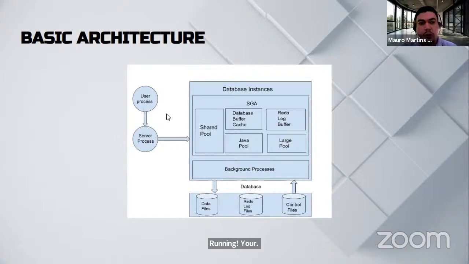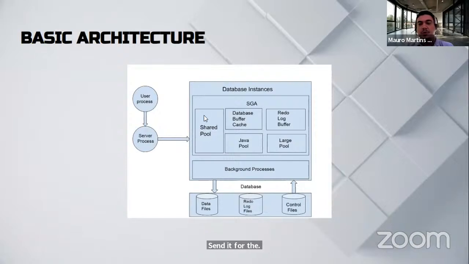The server process is inside of the database instance and accesses the SGA. SGA is System Global Area, a shared memory on the server, shared with all users. In this architecture, I have a shared pool. Shared pool contains a representation of all commands sent to the database.